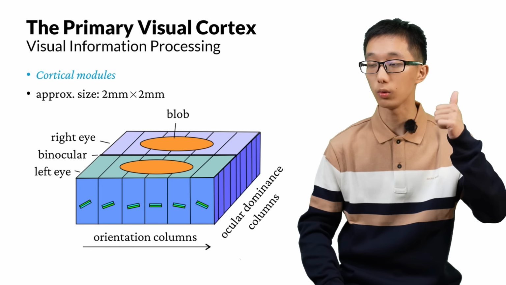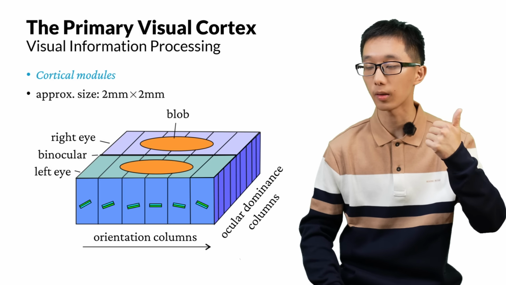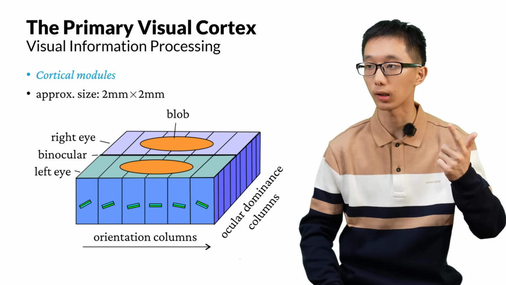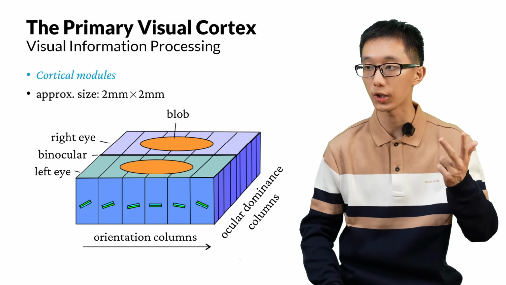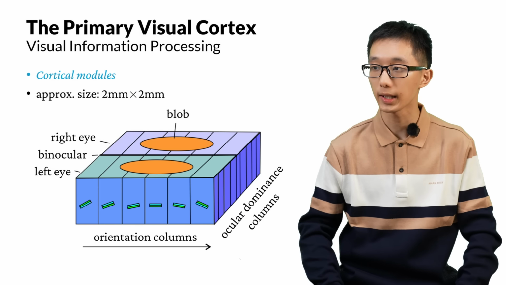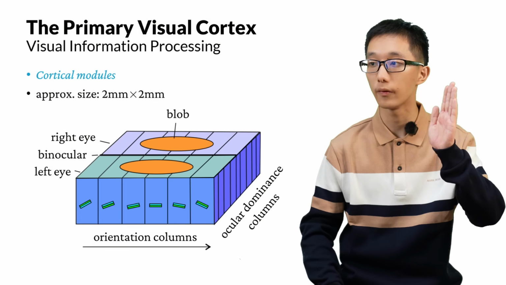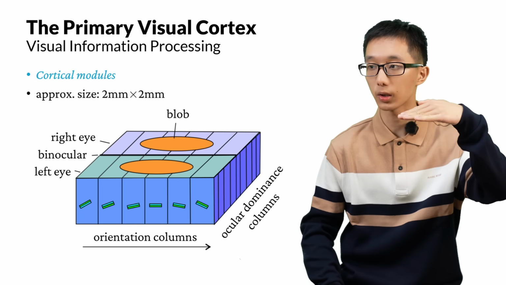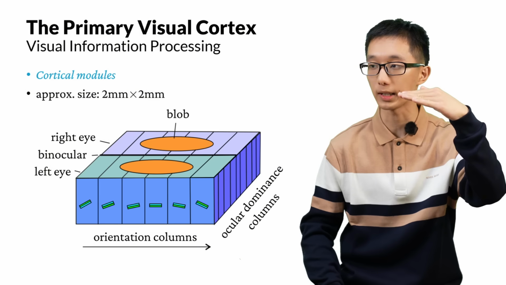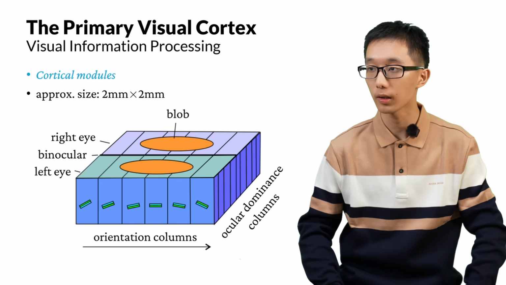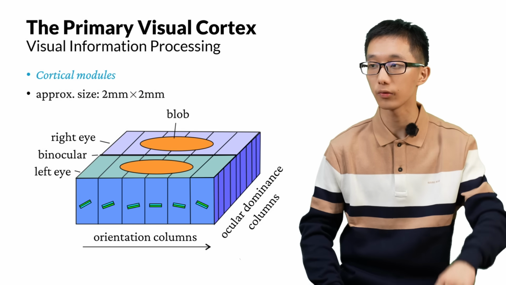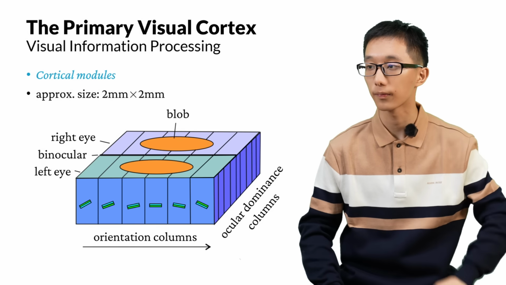Firstly, it will include both the right eye dominance column and the left eye dominance column, as well as a binocular region between them. Second, it will contain some blobs. And thirdly, it will have orientation columns of all orientations from 0 degrees to 360 degrees. Therefore, we say that this cortical module is representative of a certain region in the visual field.